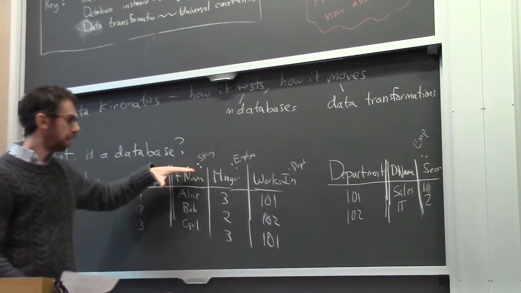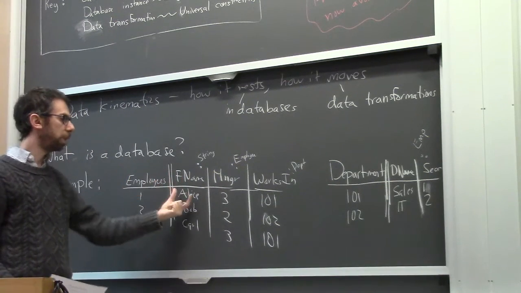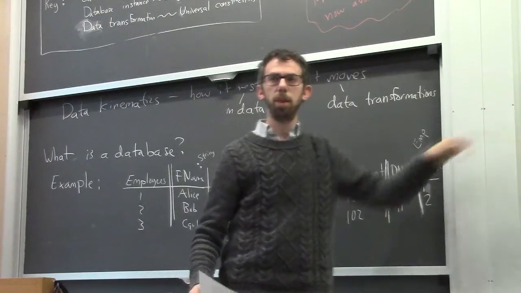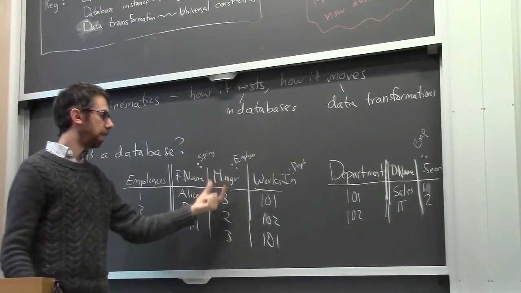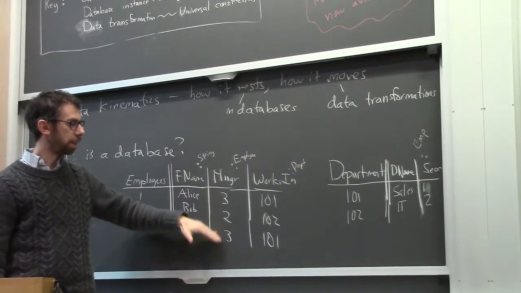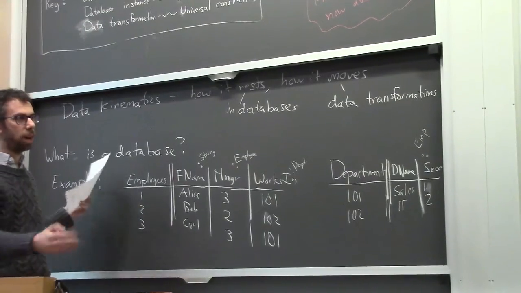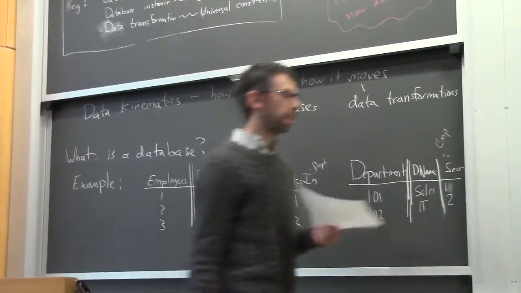You have first name is what's called a foreign key. It points you from the table you're in, the employee table, to a foreign table. And manager takes you from the table you're in to a foreign table, employees. And that's what these are. They're the keys or the IDs in another table. So in sum, a database is a system of interlocking tables.